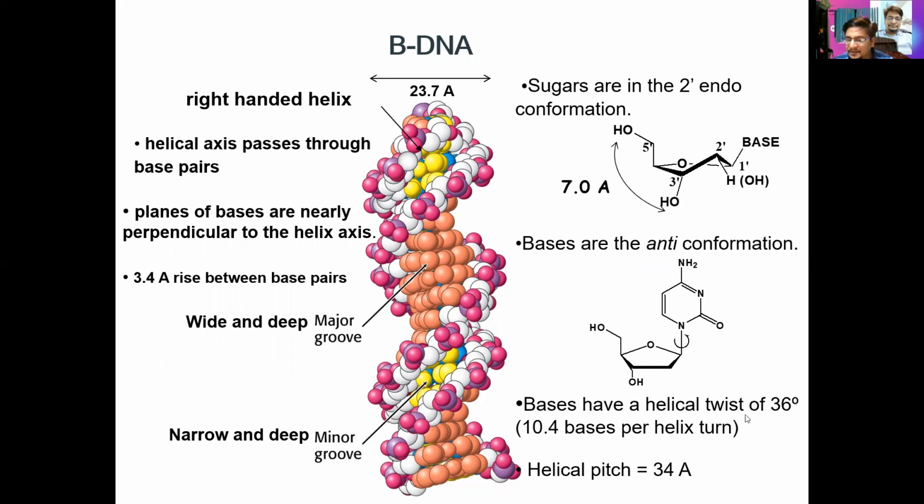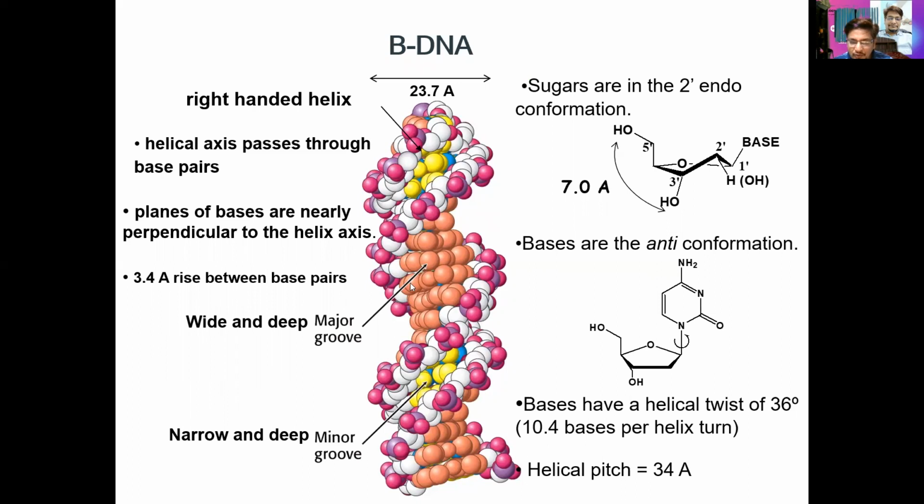And the bases have a helical twist of around 36 degrees. That means it is going to have a turn roughly around 10.4 or 10.5 bases, and the helical pitch is going to be 34 angstrom. And here one more thing that you can see in this structure is the major groove and the minor groove.